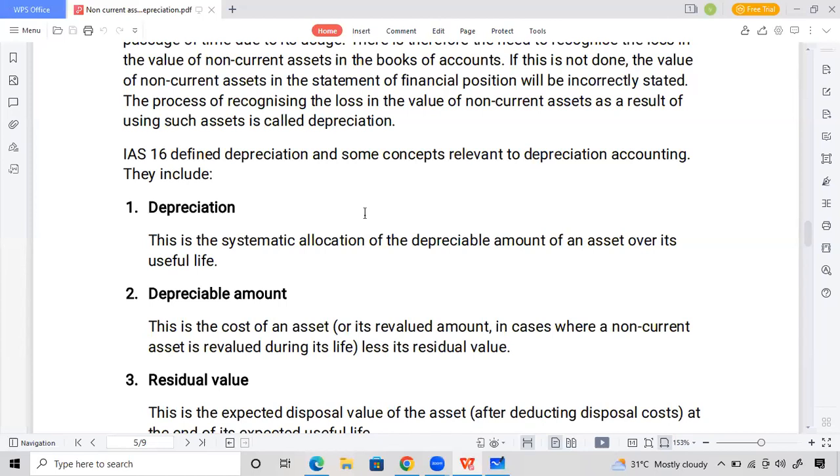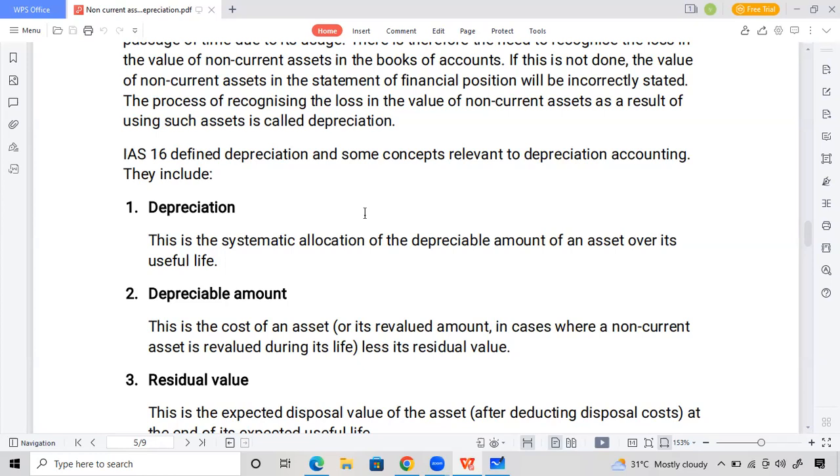What do we refer to as the depreciable amount? Depreciable amount is the cost of an asset less its residual value. I want you to write something down.